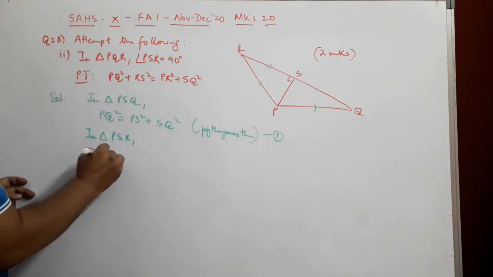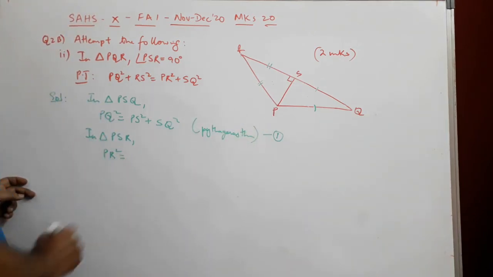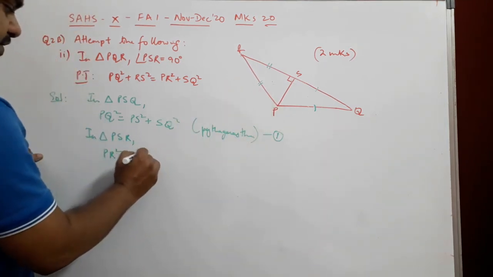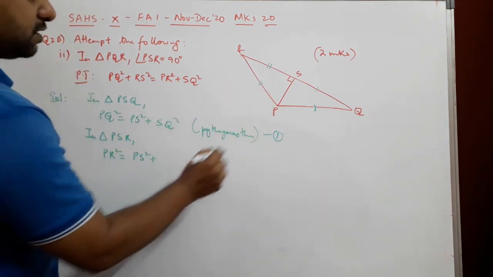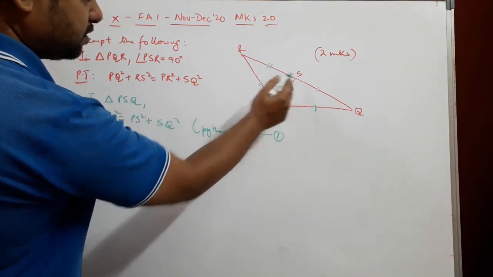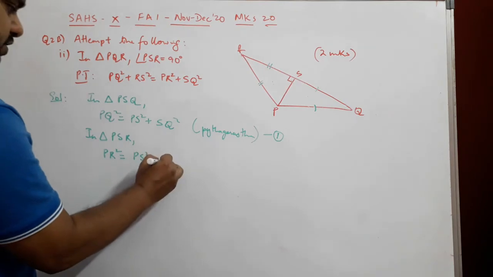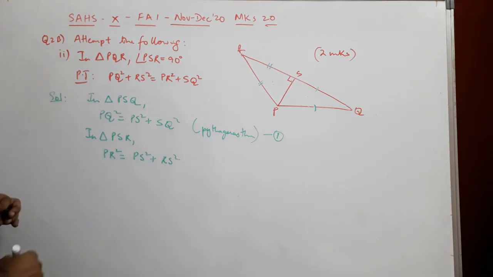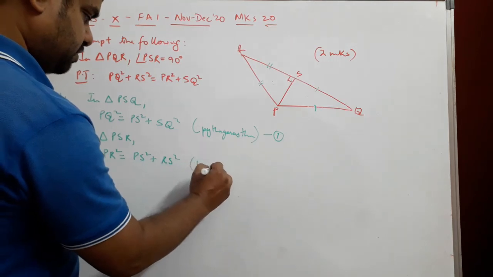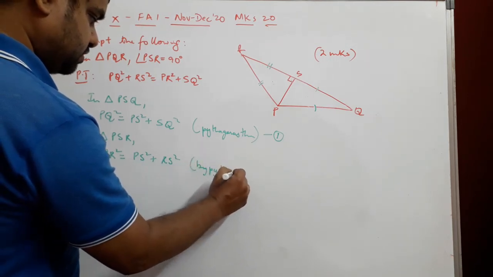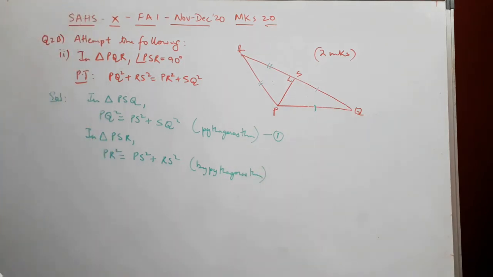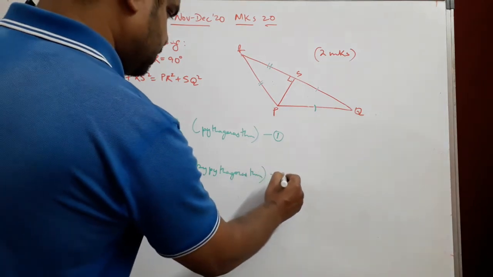So PR square becomes our hypotenuse, PR square is equal to PS square plus RS square. This will be by Pythagoras theorem, right? And we'll put this as 2.